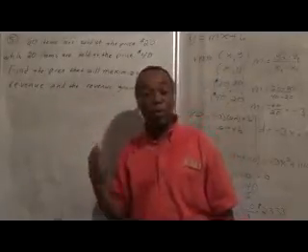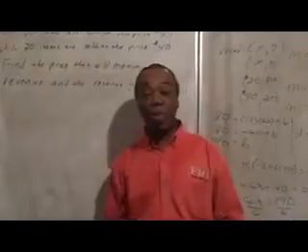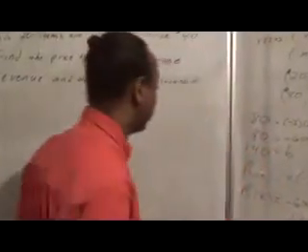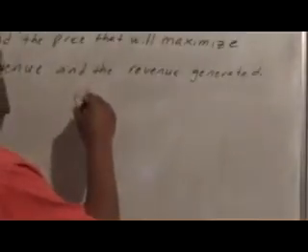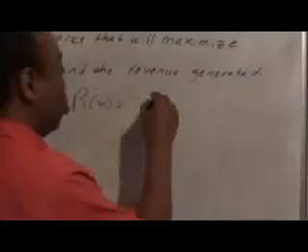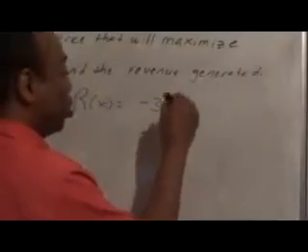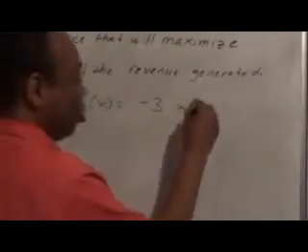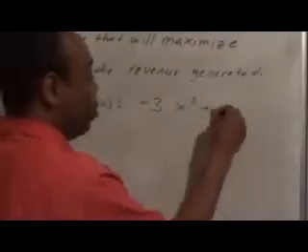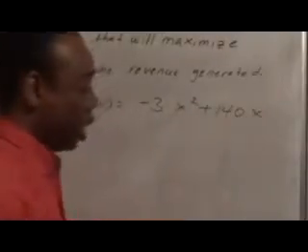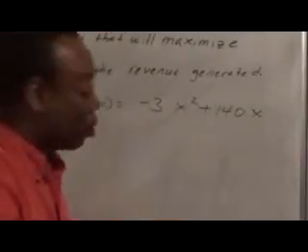Now the final question is, now that I know the price that will maximize my revenue, what will be my revenue generated? So I go back to my revenue equation, which is negative 3x squared plus 140 times x. And I plug in the price of $23.33.